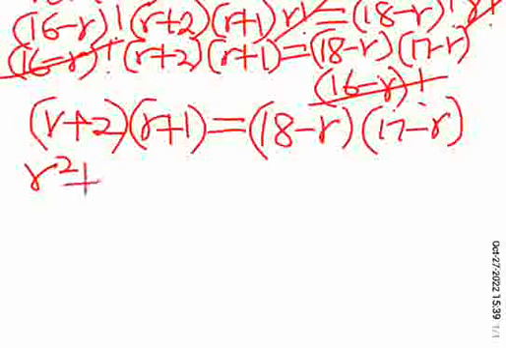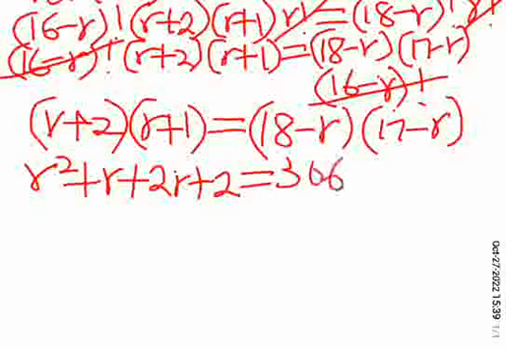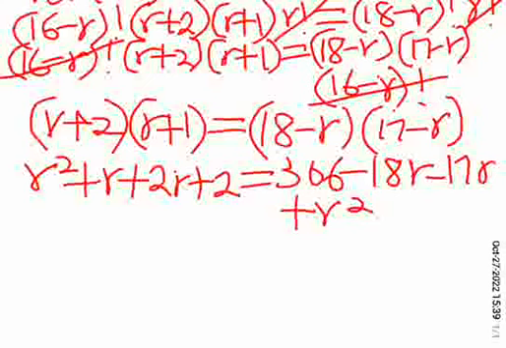R times 1 is R. 2 times R is 2R. 2 times 1 is 2. For the right-hand side, 18 multiplied by 17 is 306, minus 18R, minus 17R, plus R squared. This is what we're going to get if we expand.